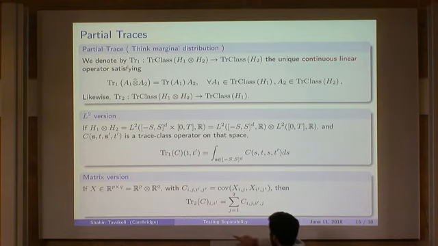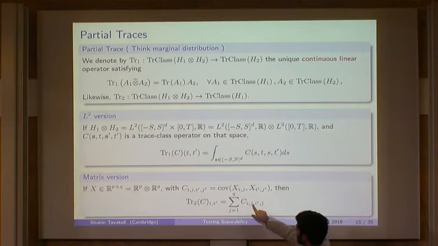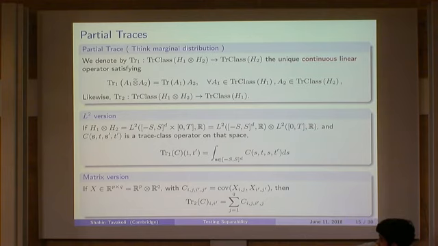And how do you get it? You take C of I, J, I prime, J, the same J, and now you sum over J. So you fix the indices I and I prime, and then you take the trace of the resulting matrix. If you look at it in the continuous version, it's almost the same thing. Take C of S, T, S, T prime and you integrate over S. It's really a trace on one of the dimensions, fixing the other one.